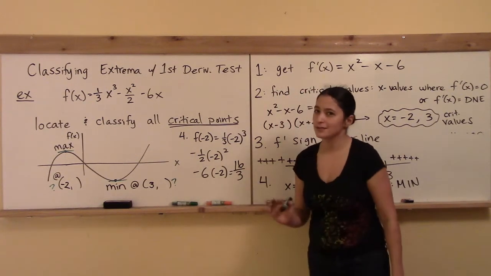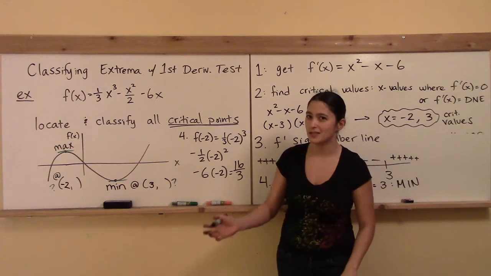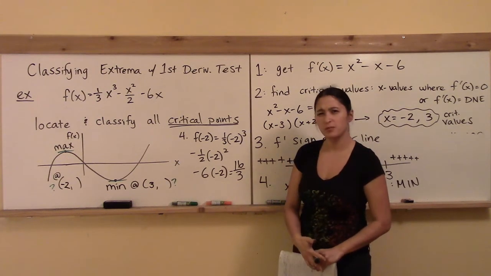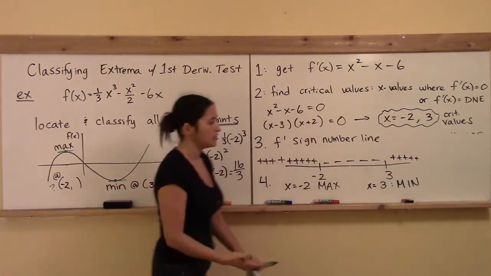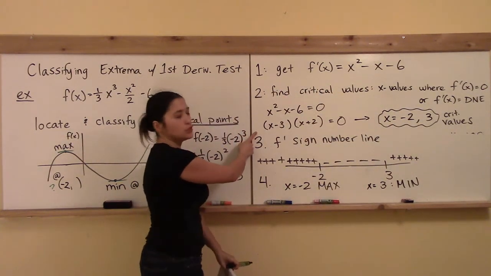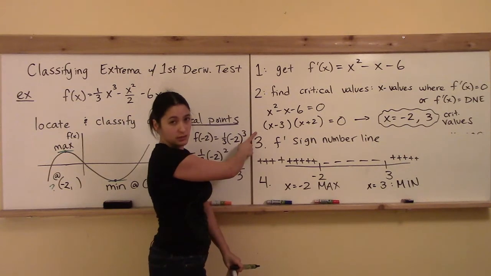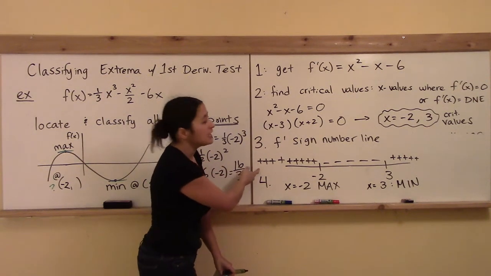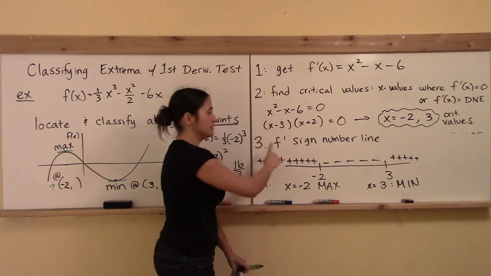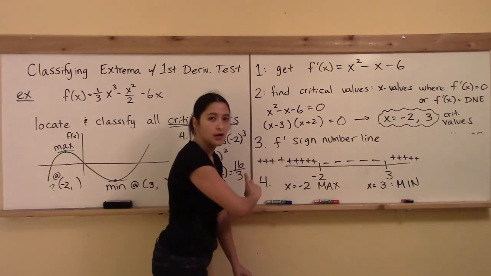So this is where it gets a little confusing, kind of like the equation of the tangent line problem. What do I plug it into? f or f prime? Let's look at the steps again. Step 2, you're looking at f prime equals 0. Step 3, you're plugging in test points into f prime because it's an f prime sign number line.